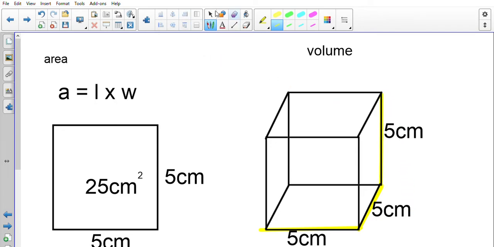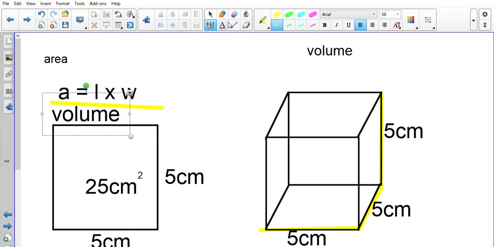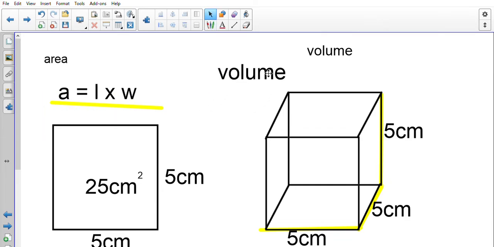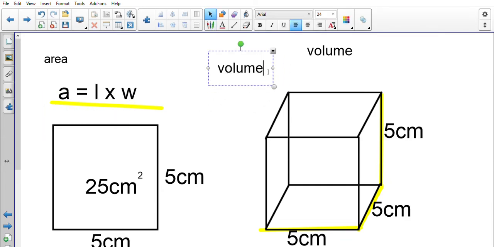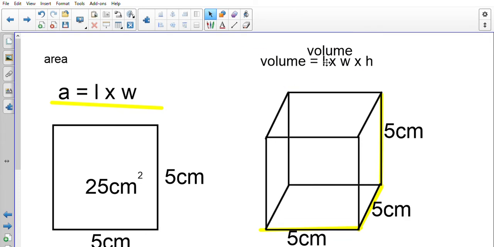Now, if area was length times width, volume, bring that over to the right place, volume is the same as length times width times height. Okay, so volume is length times width times height.